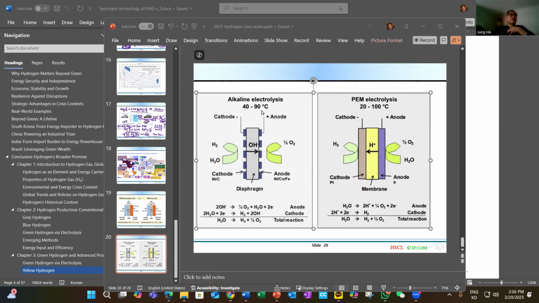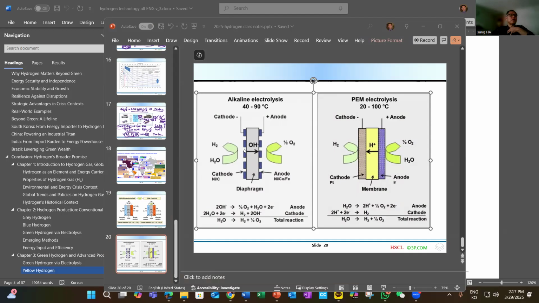Whereas the alkaline electrolysis, again, all you need is water, H2O, and then power. The operating temperature is a little bit lower than PEM. The water plus the electron at the cathode side, there we generate H2 by splitting water into OH minus.